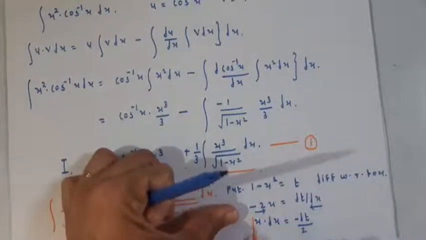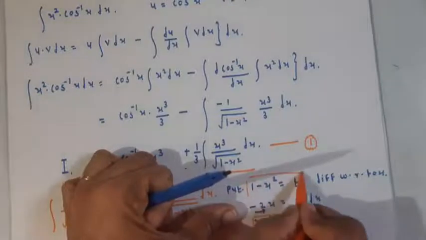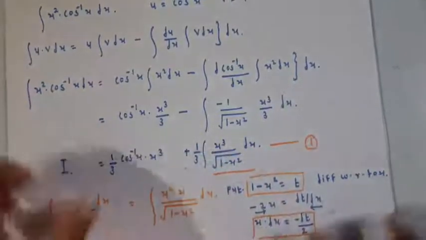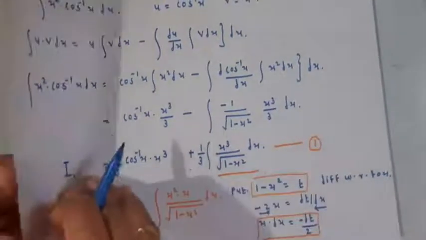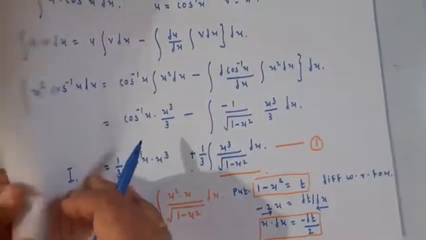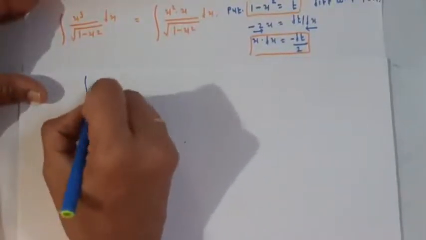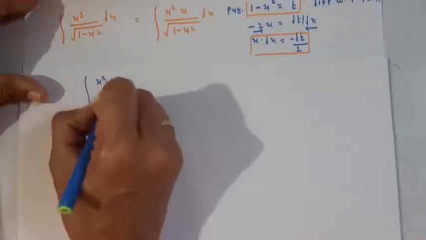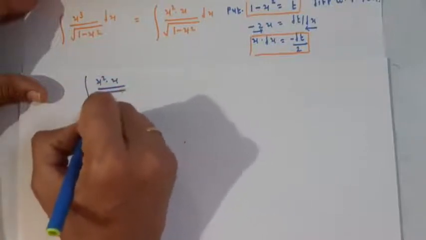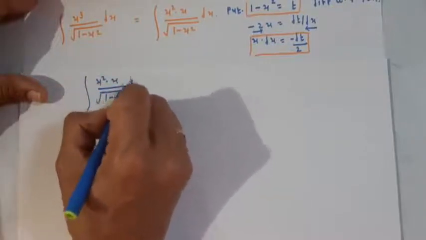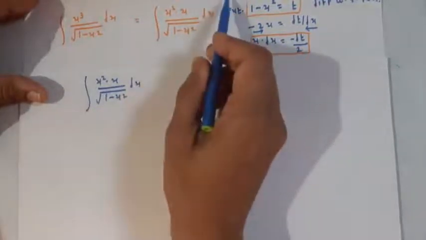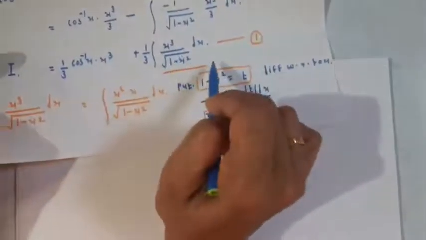Okay, and this is the value of x. Put the integration, and now put here the values we will get integration of x square into x upon square root of 1 minus x square. We are solving the second term of integration in the statement 1.